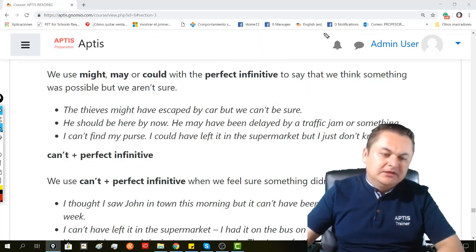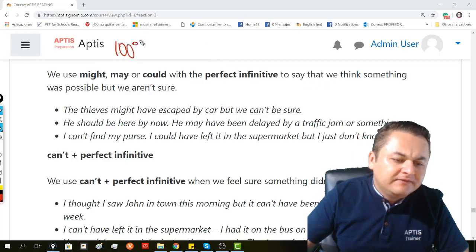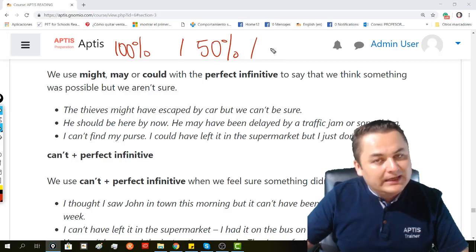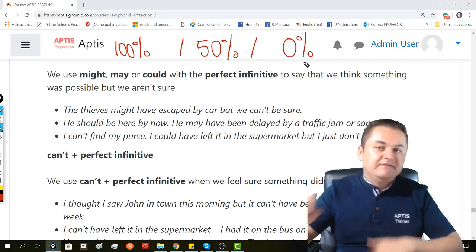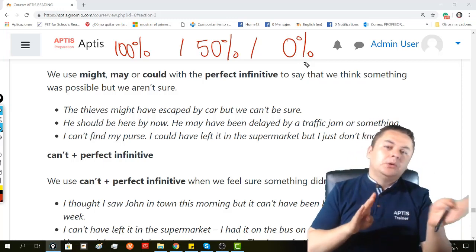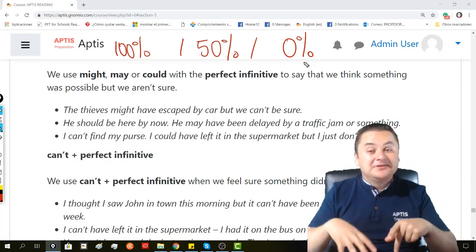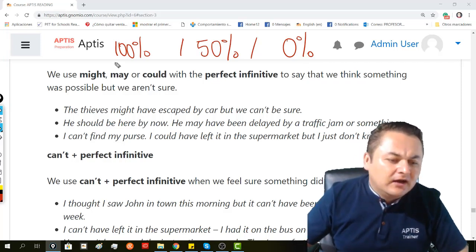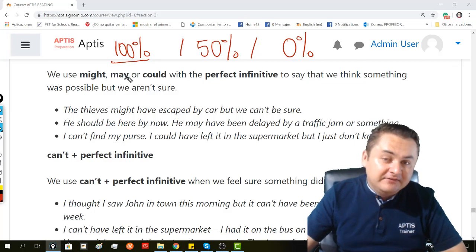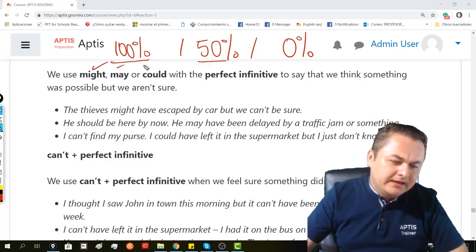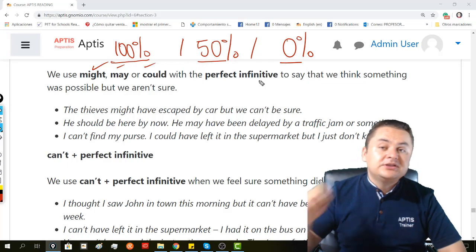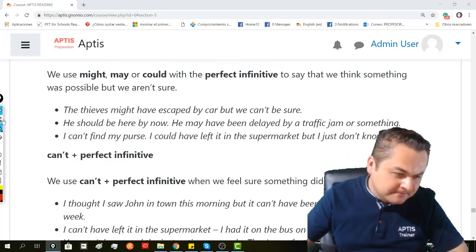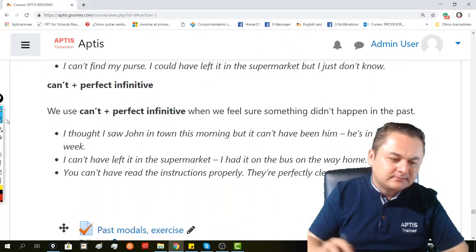You just want to remember that we have 3 levels of certainty. When I am sure it happened, when I am not sure, I may have, I'm not completely sure, or when I am sure it did not happen. So 100% for must have, 50% for may, might, or could have, 0% for should have, meaning it did not happen, and there is another one here.